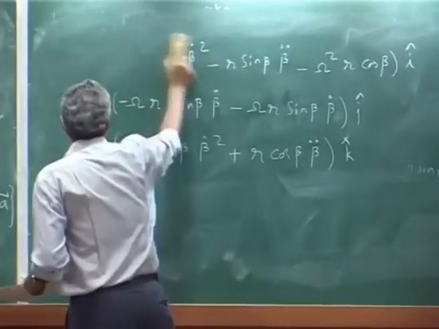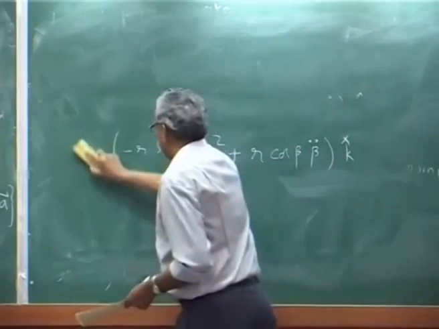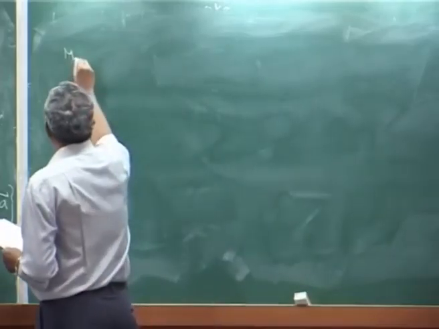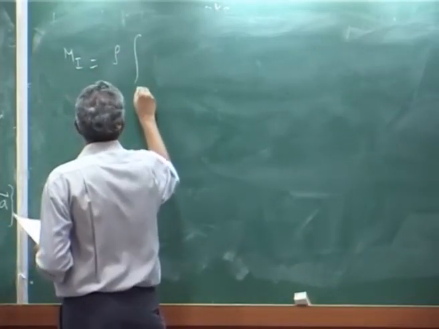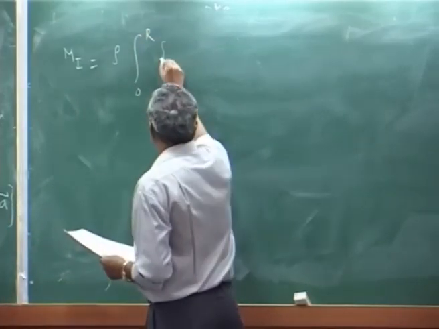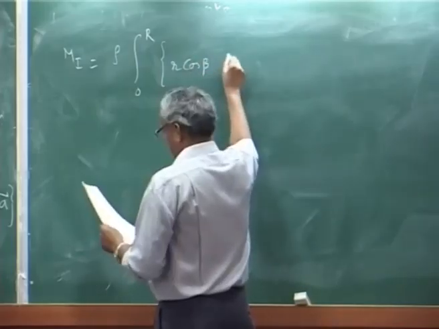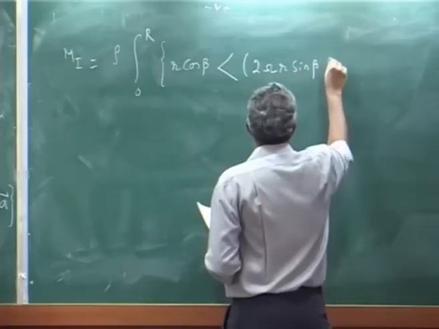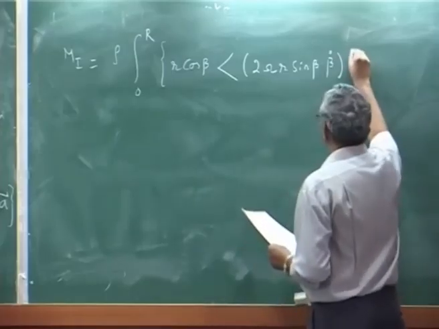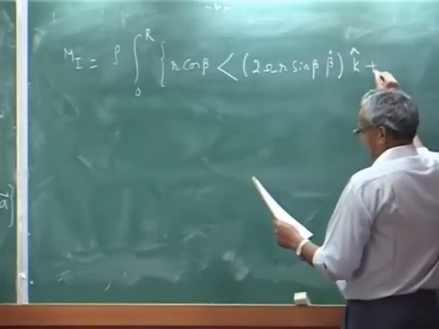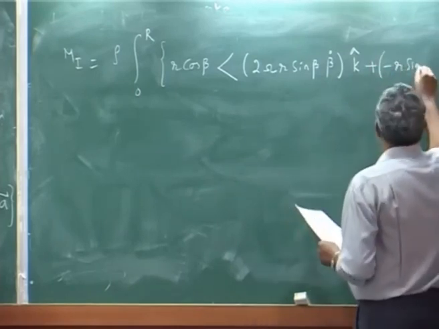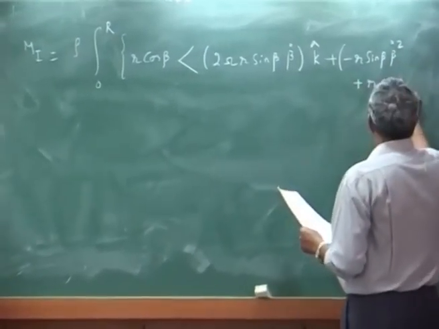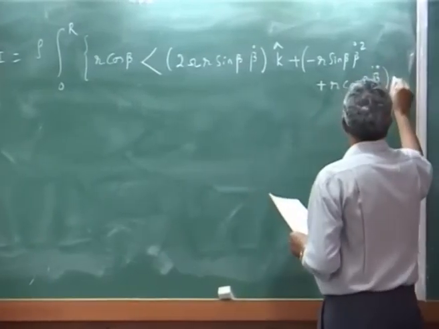Maybe I erase this part. You will have mi is rho integral from 0 to capital R of cosine beta times 2 omega r sine beta dot k, plus minus r sine beta dot square plus r cos beta double dot j.